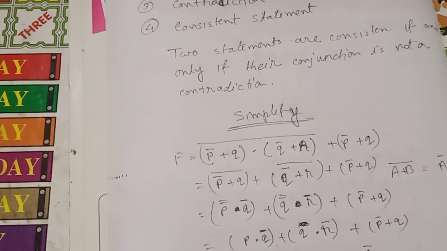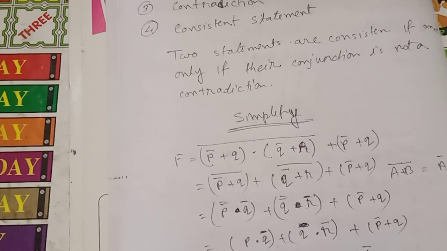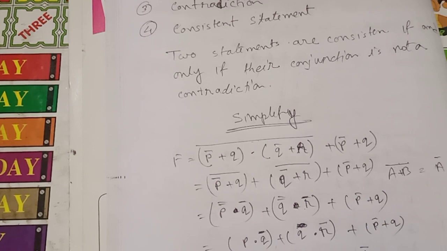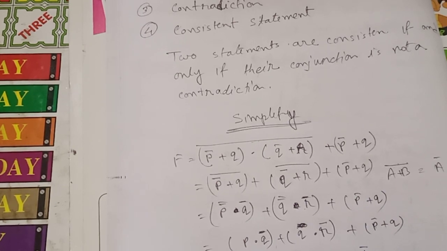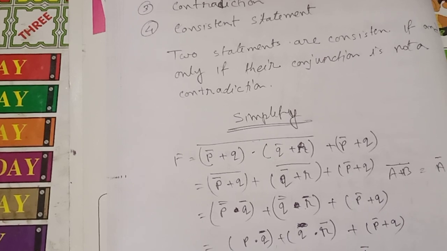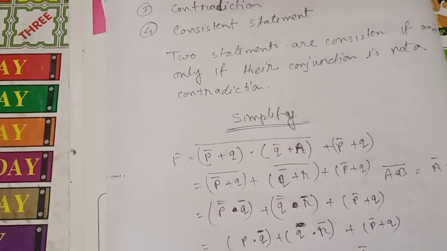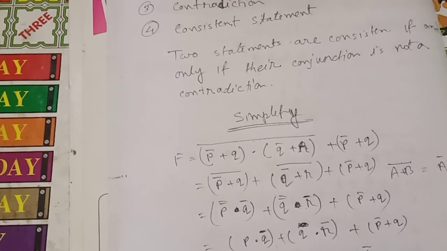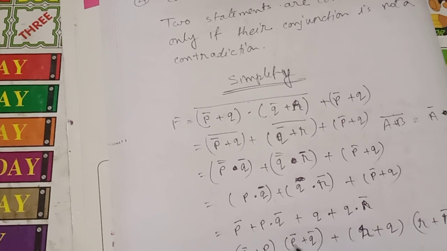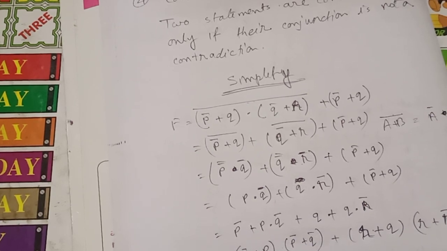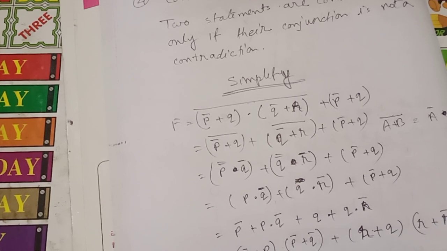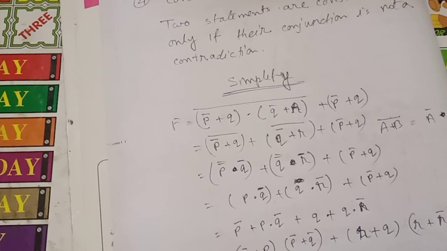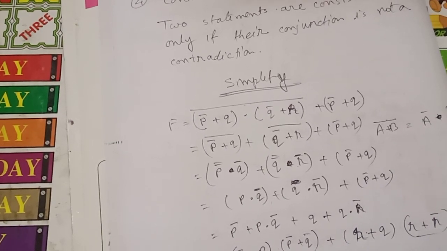if I write from this expression, we can write p bar plus q bar, from the rules, laws, r plus q, r plus r bar. So from here I can write the value of 1, so 1 dot (p bar plus q bar), and this one r plus q, and this one is 1 dot 1.